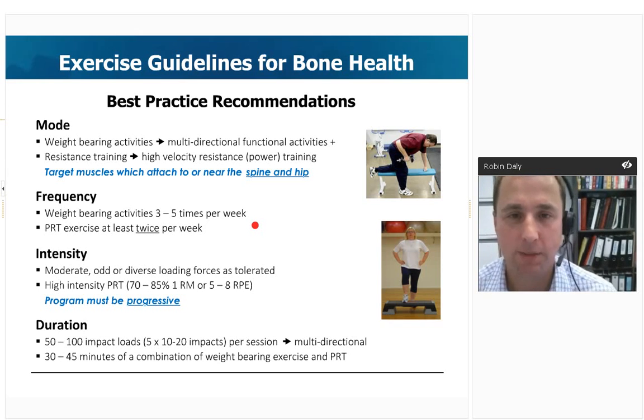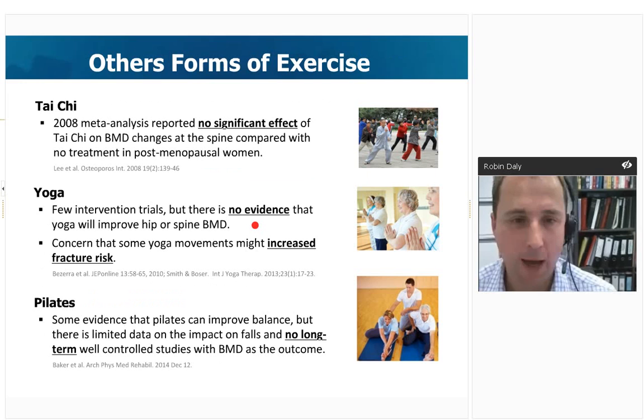You may ask questions about other types of exercise which many of you perhaps enjoy, things like Tai Chi, yoga, and Pilates. Look, there is some evidence that these types of exercise might be good for falls prevention, but the evidence, and I must say it's rather limited, suggests that they don't really have any beneficial effects on bone density. And for yoga in particular, you just need to be careful with certain types of yoga movements.